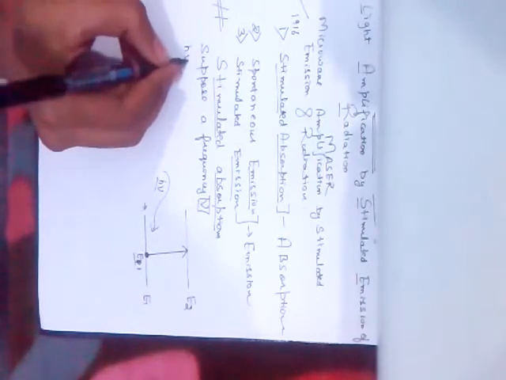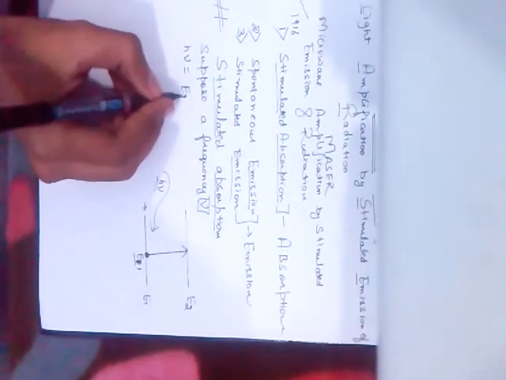Then h mu must be equal to E2 minus E1. The radiation photon is absorbed and the electron jumps from E1 to E2.